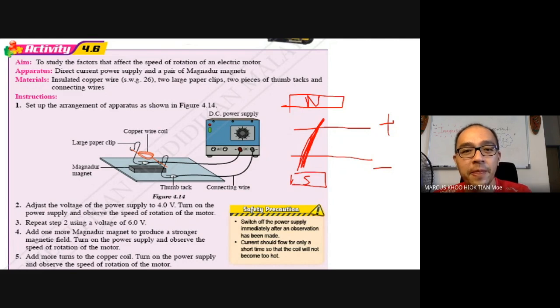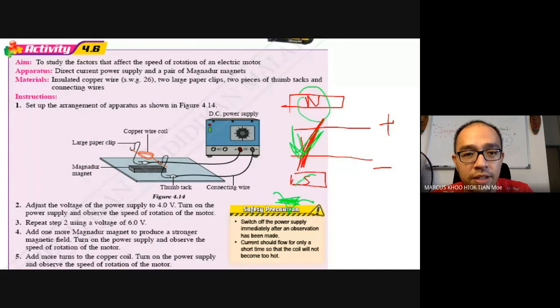Actually, I think it's going to go to the right. It should be going to the right though. Don't you think so? Current is flowing here from positive to negative, so it's going to be flowing this way. If you are here, and the north is here, the south is here, it means the current is flowing towards you.